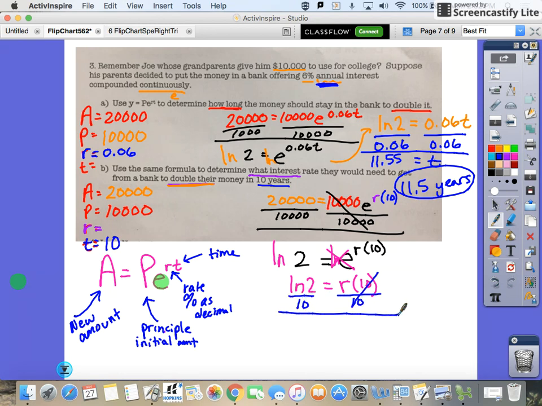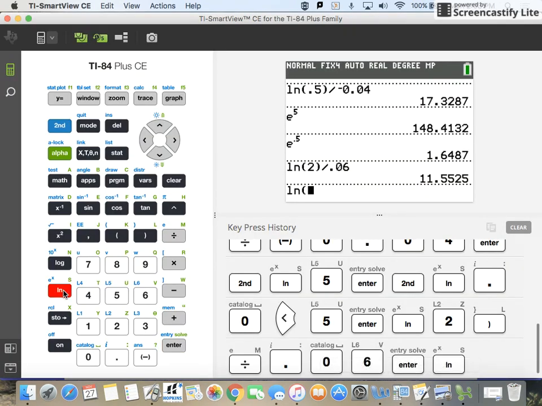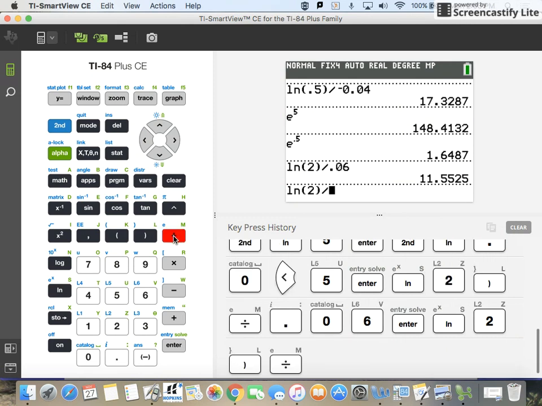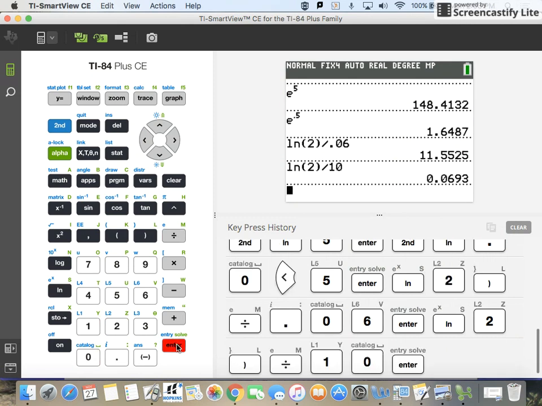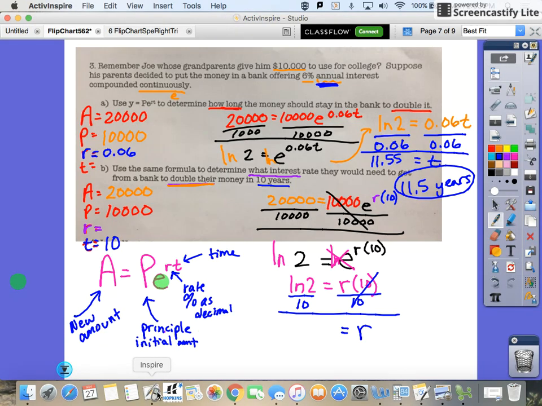So R equals whatever the natural log of 2 divided by 10 is. Natural log of 2 divided by 10 is 0.07 or 0.069. That means they would need about 6.9% interest.